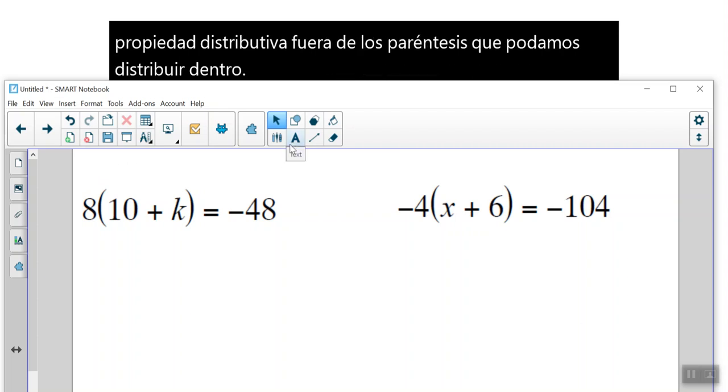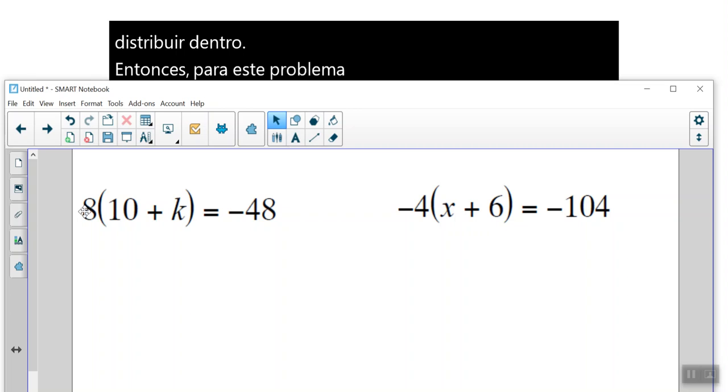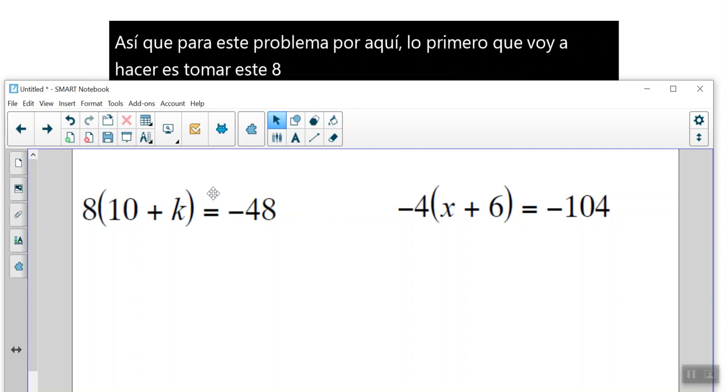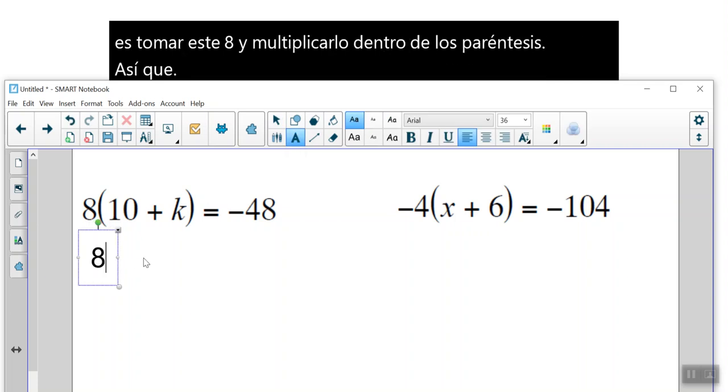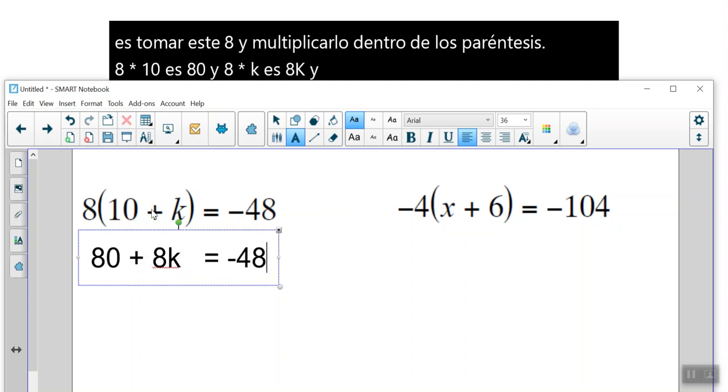So for this problem, the first thing I'm going to do is take this 8 and multiply it inside the parentheses. So 8 times 10 is 80, and 8 times k is 8k. And then I just bring down the negative 48.